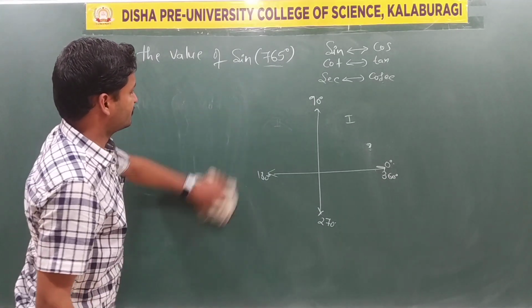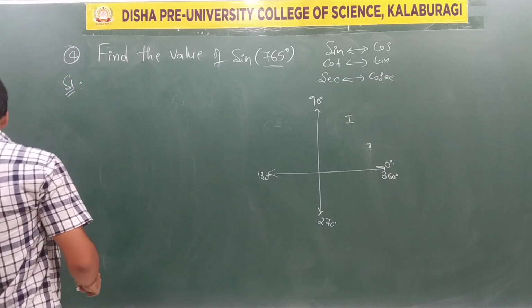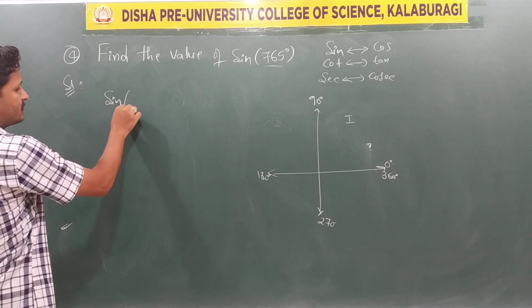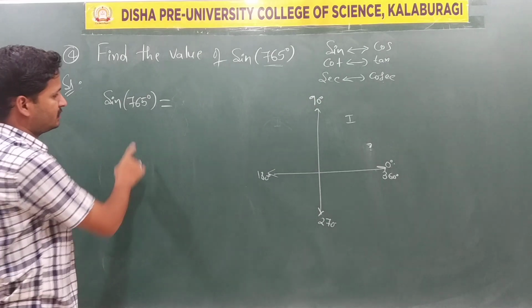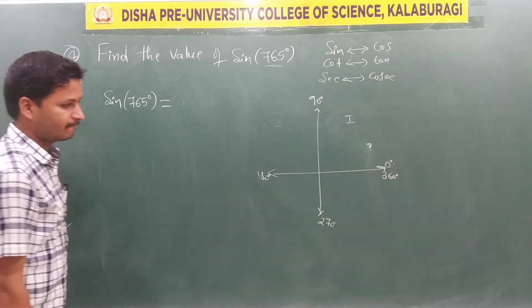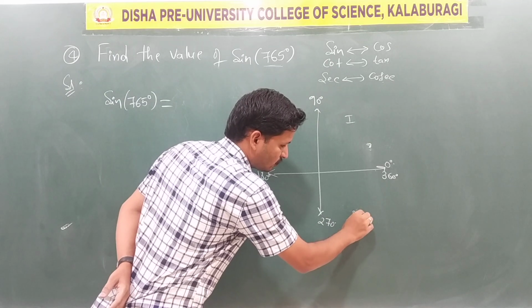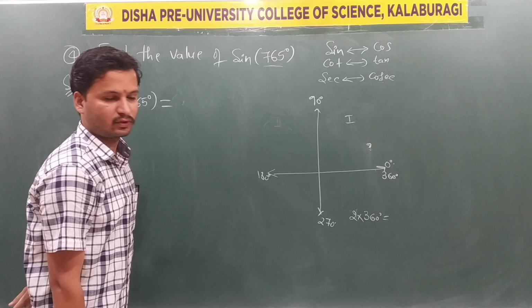So sine of 765 degree equals. See, 765, how to express 765? That means 2 times 360, and 2 times 360 is 720.